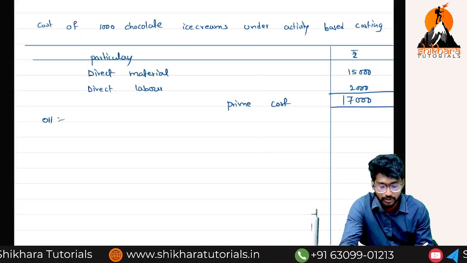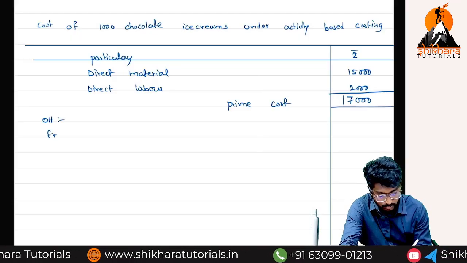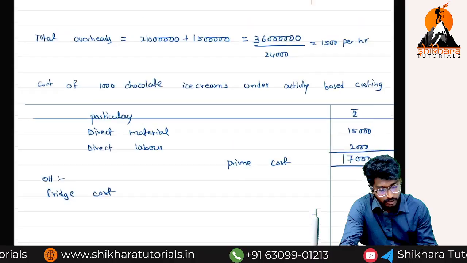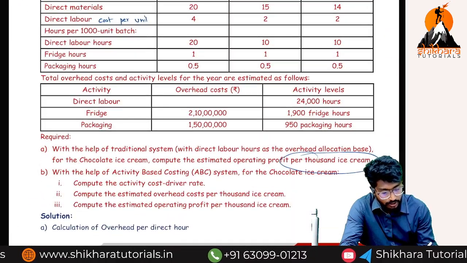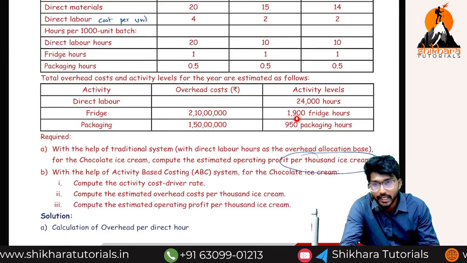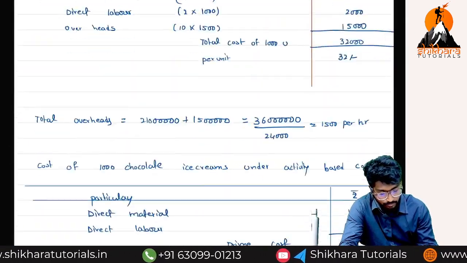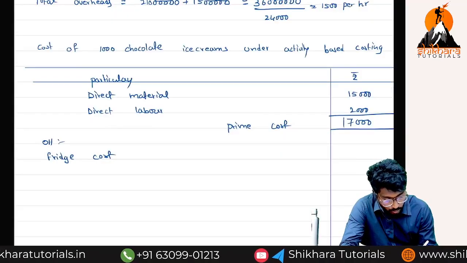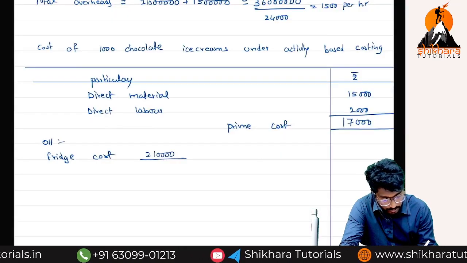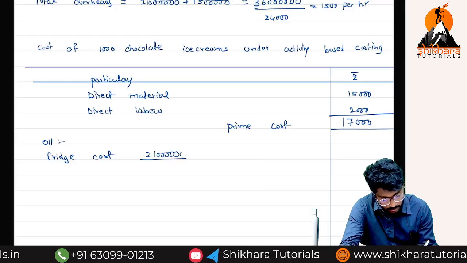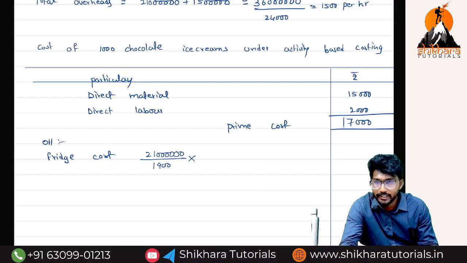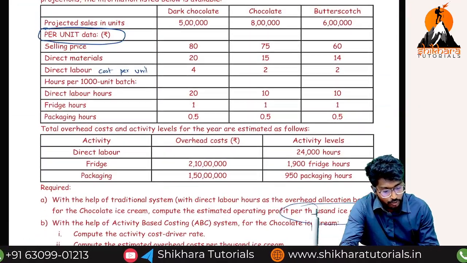Overheads. What is the first overhead? We have fridge cost. If you see, we incurred 2 crores 10 lakhs rupees for how many hours? 1900 hours. That means 2 crore 10 lakhs divided by 1900. Out of 1900 hours, this cake used how many hours?